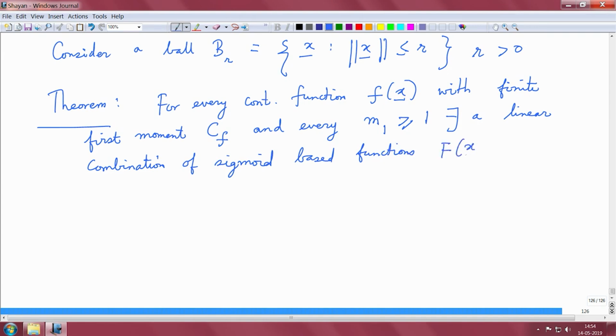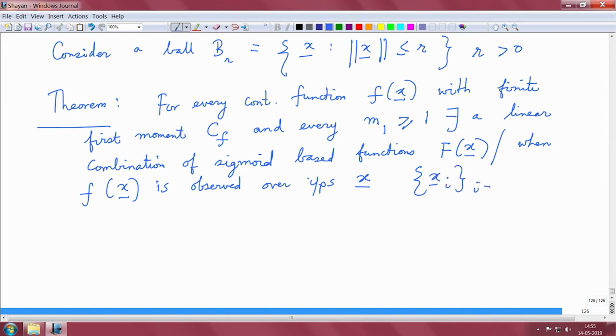These are our approximating functions capital F of x, such that when f of x, which is the true function, is observed over these inputs x, right, you will have these exemplars xi, i equals 1 to n, restricted to this ball B suffix r.